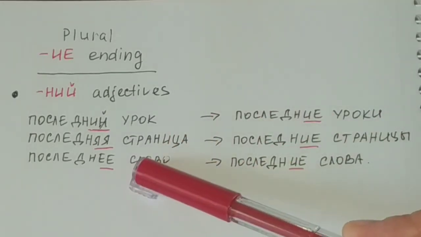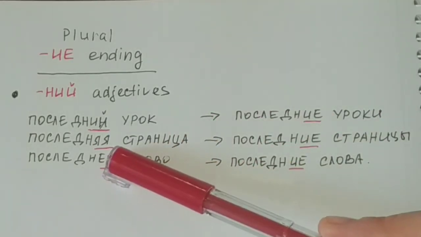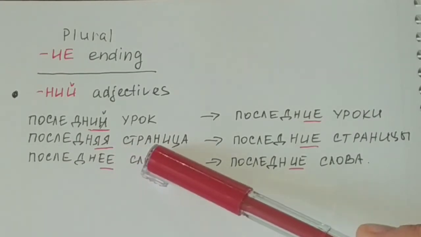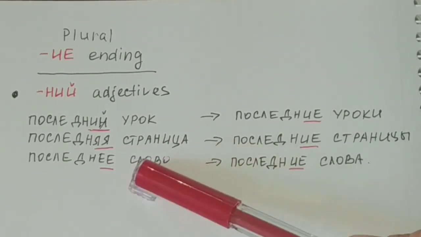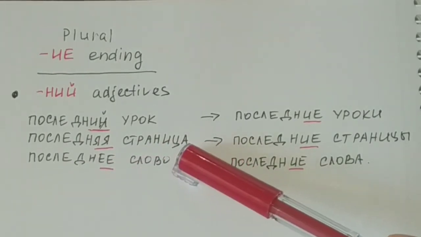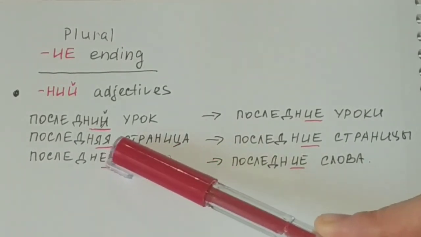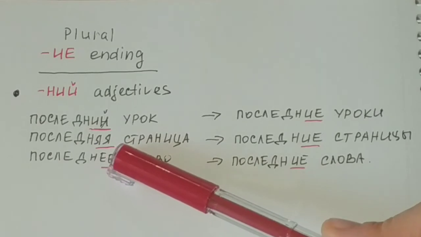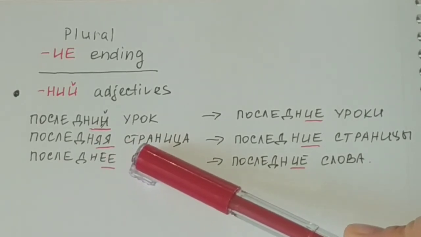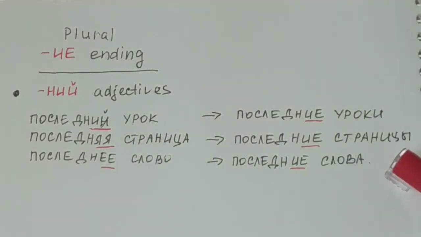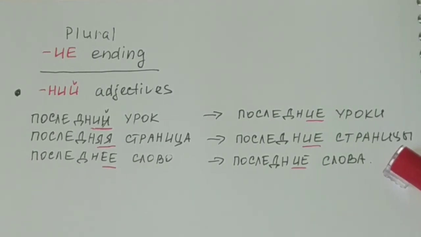The feminine gender form will be последняя. Here we have последняя страница, страница meaning page. It is a noun of the feminine gender used with the feminine gender adjective. So последняя страница, the last page, will be последние страницы in the plural.